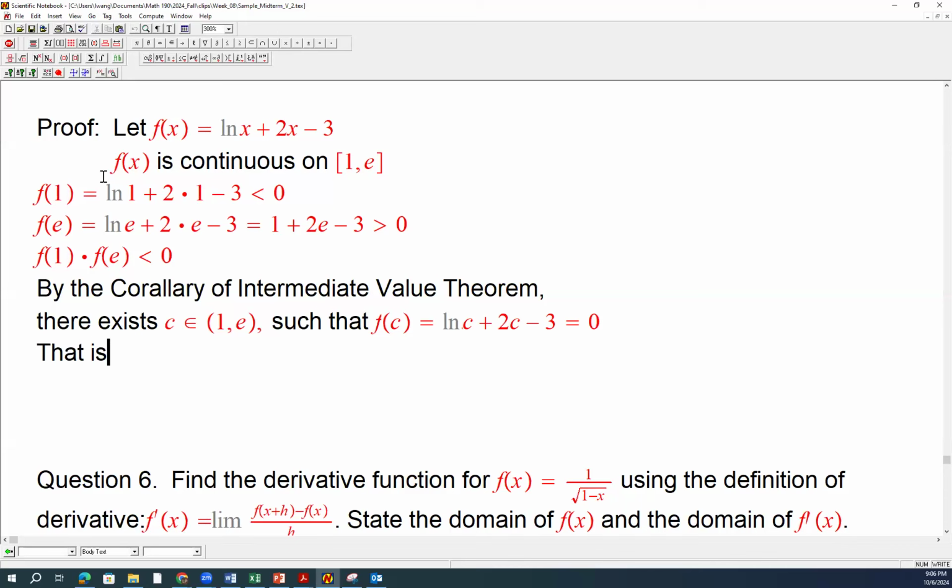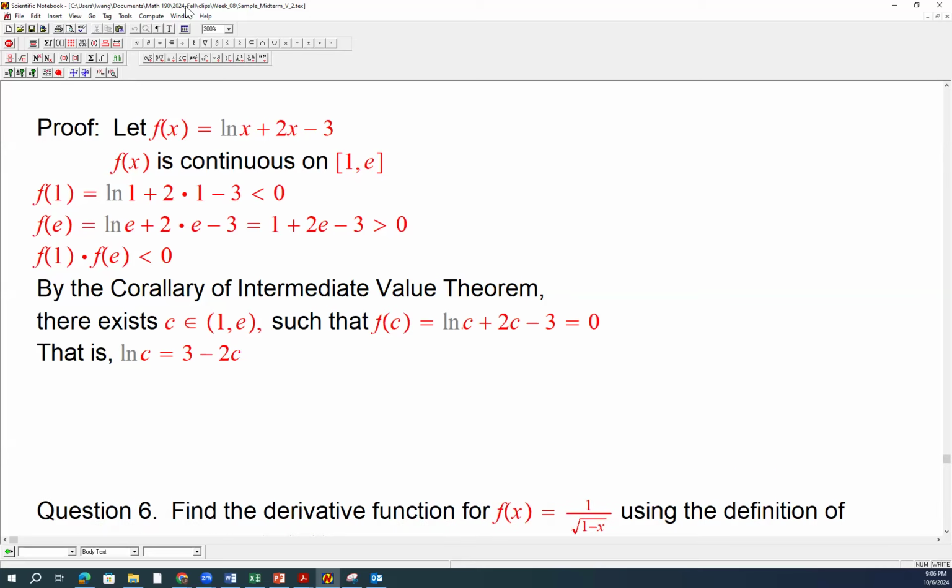Then we just elaborate a little bit, right? Because this is true, if this is true, then we can say ln C equals 3 minus 2C is true.